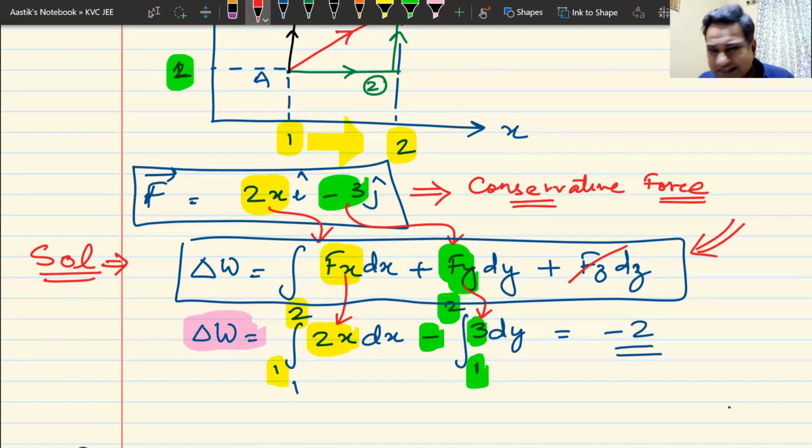You cannot straight away apply the integral. You can only straight away apply the integral when you are sure that the force is conservative. You don't have to think about the path. This formula is always valid. It's never invalid. But now you have to think about the path.